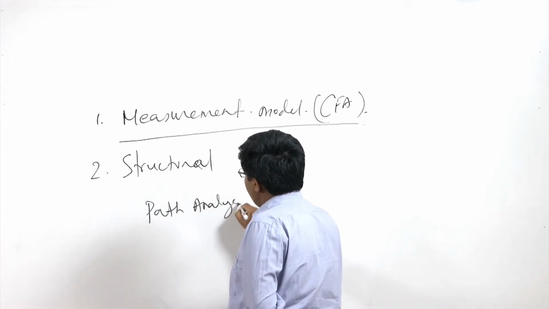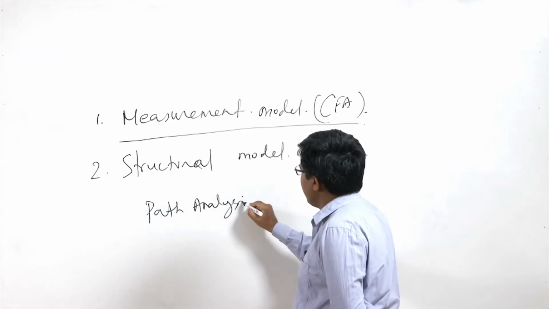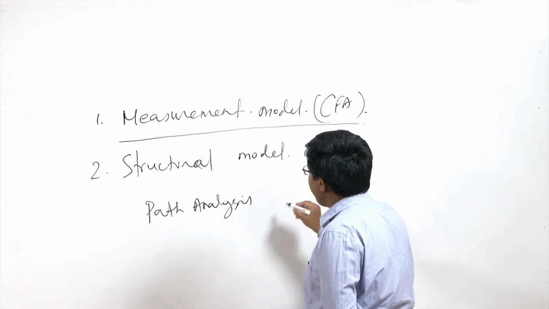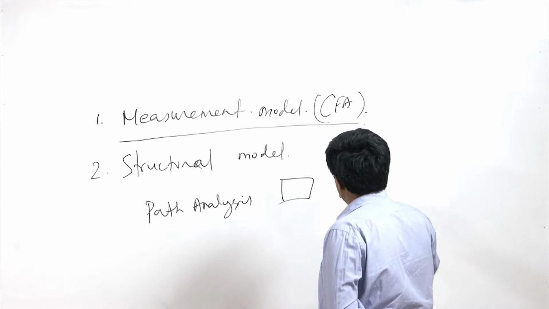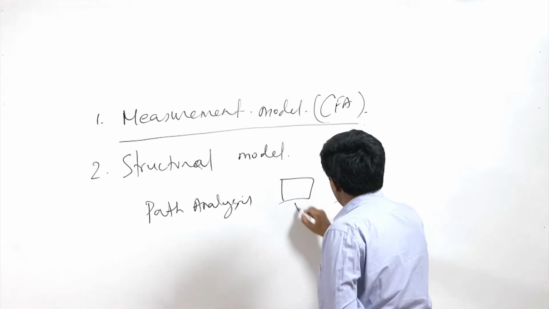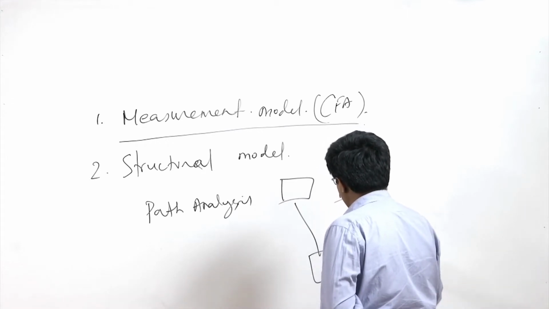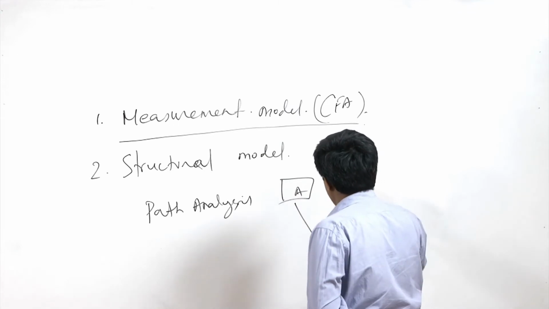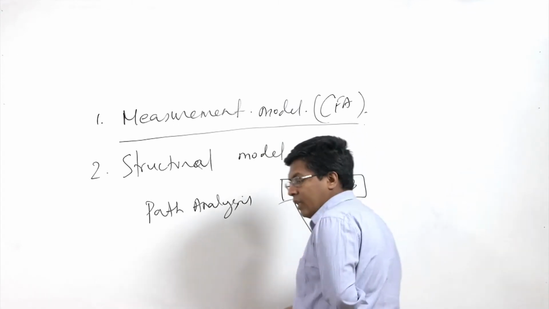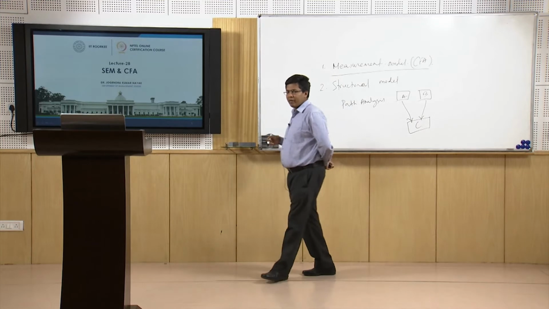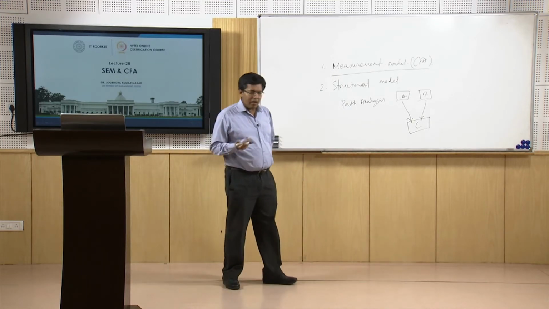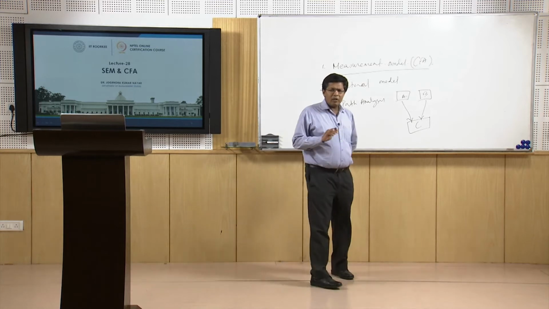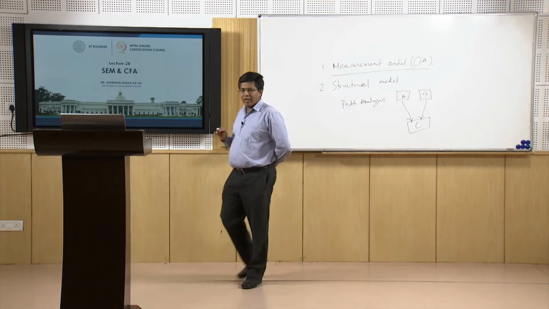In a path analysis, we are trying to formulate some relationships. Let us say A and B are affecting C. So C in this case is my dependent variable, and A and B together are affecting my dependent variable. This is a case which we will measure.